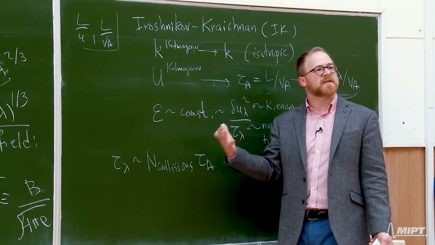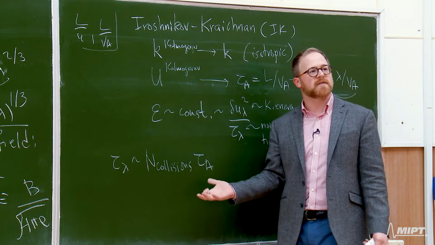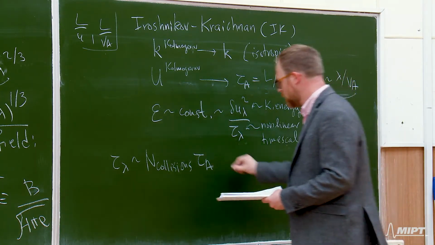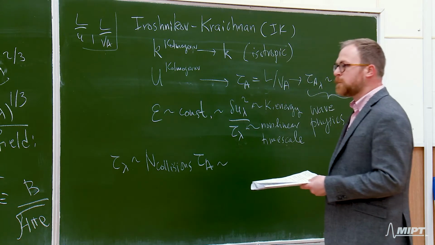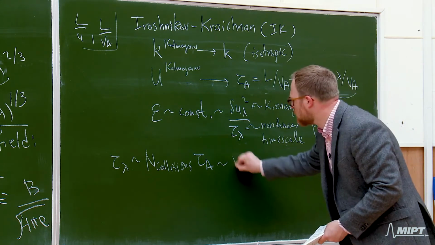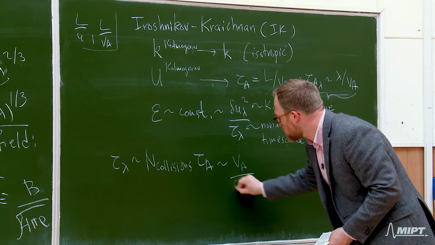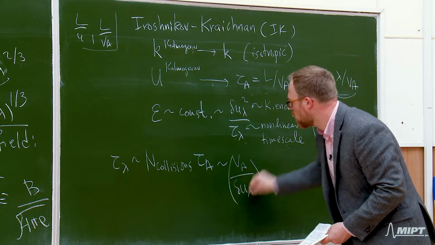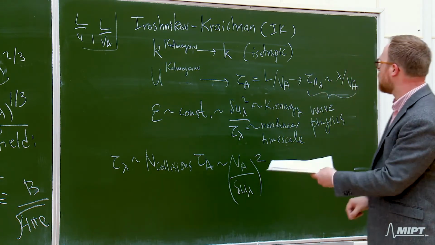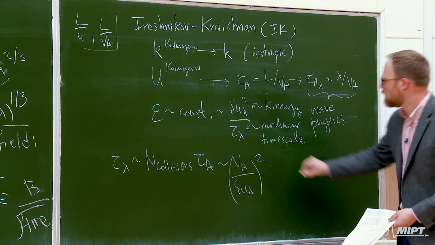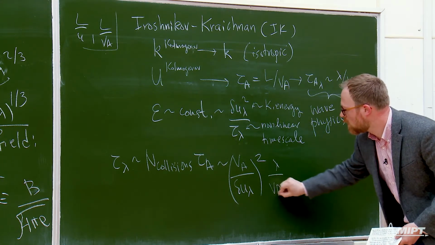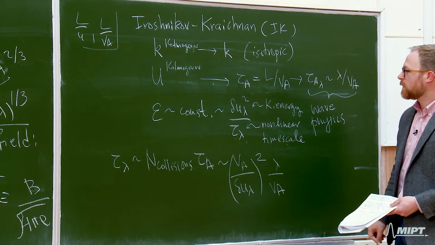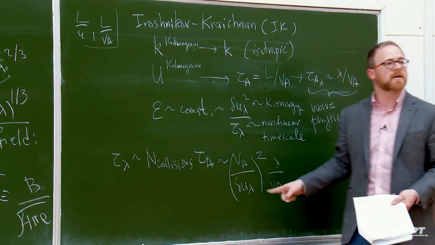So the nonlinear time is just the product of the two. And so I just take that formula there. And then I take this formula for tau A. And now I have the nonlinear timescale.